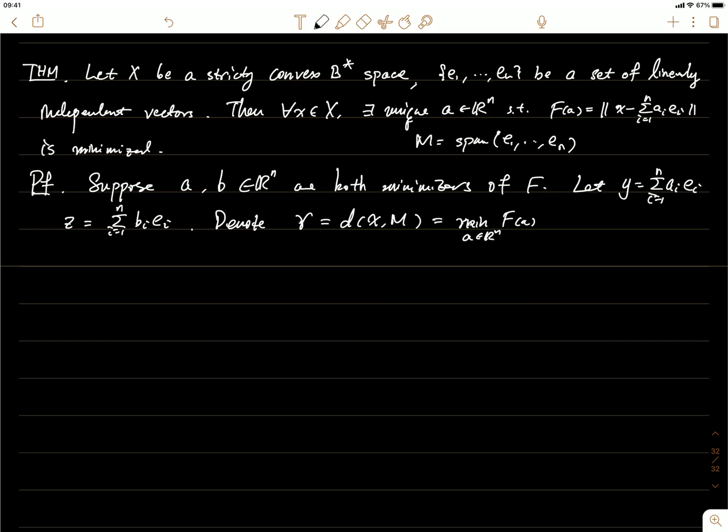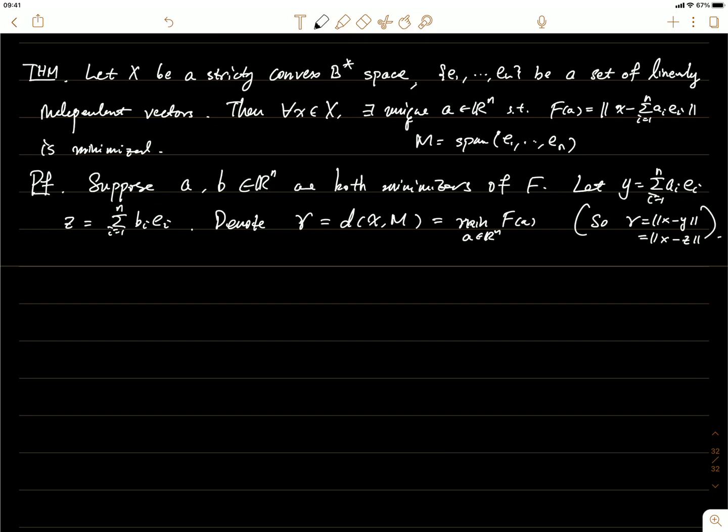In this case, this value is equal to the distance between x and y, and also the distance between x and z, since y and z are obtained using the coefficients a and b.